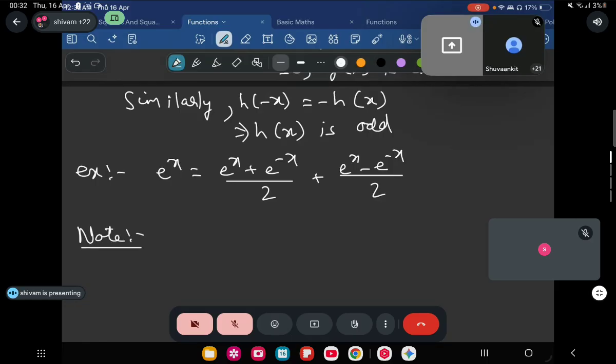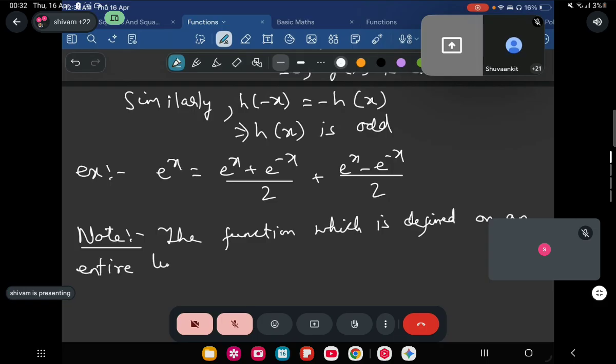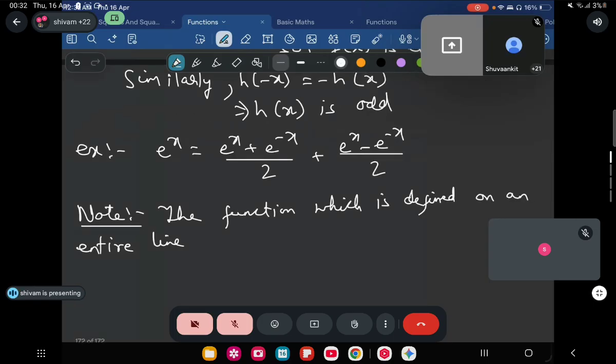Next note, the function which is defined on an entire line and is even and odd at the same time.